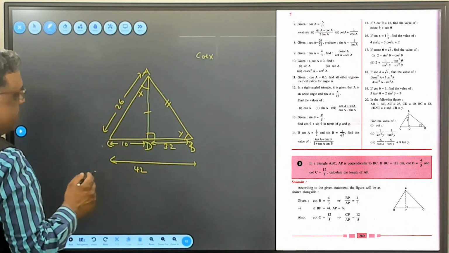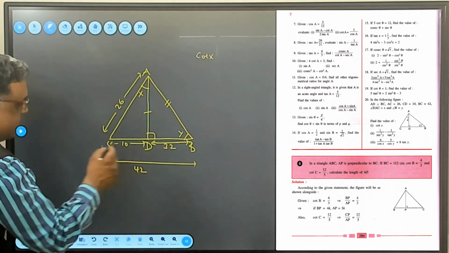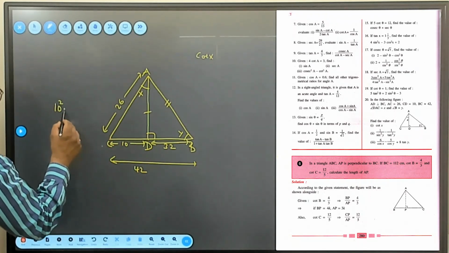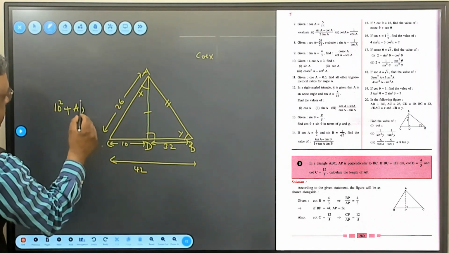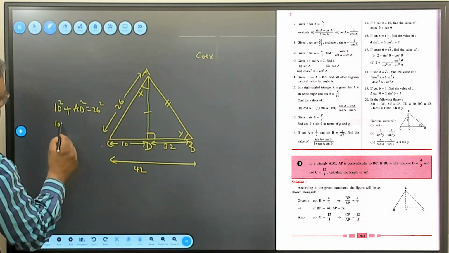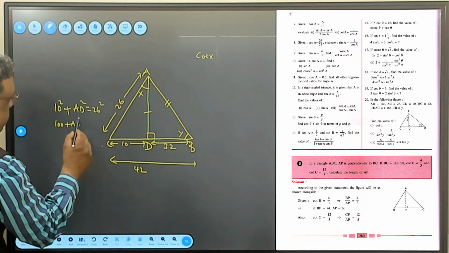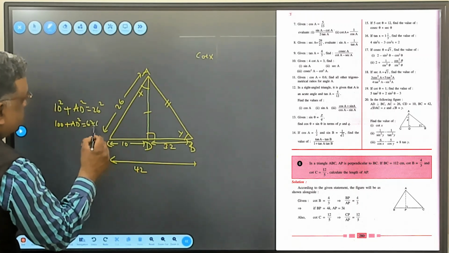and then I will get this side. So when I apply the Pythagoras theorem, I can write 10 square plus AD square is 26 square. So 10 square is 100, 26 square is 676.